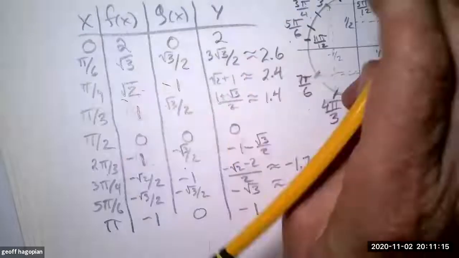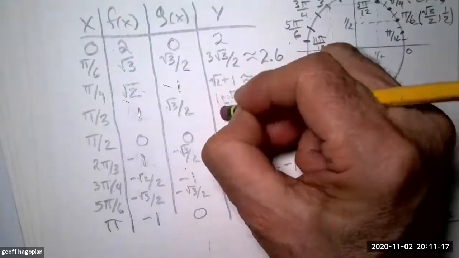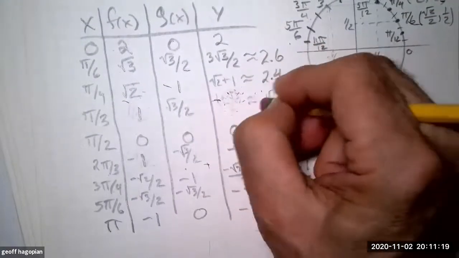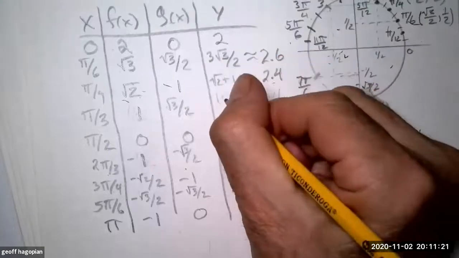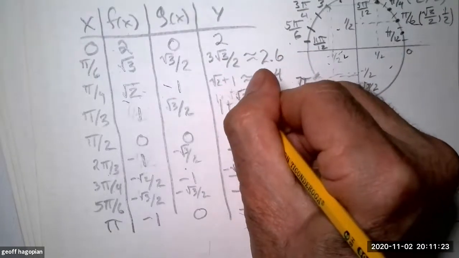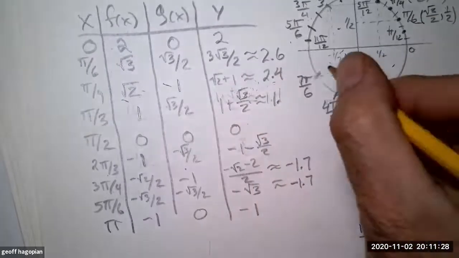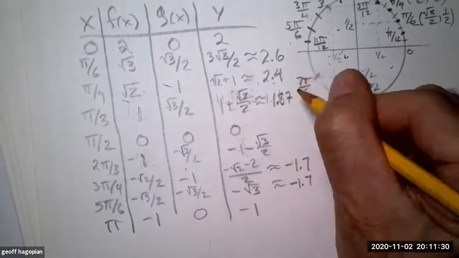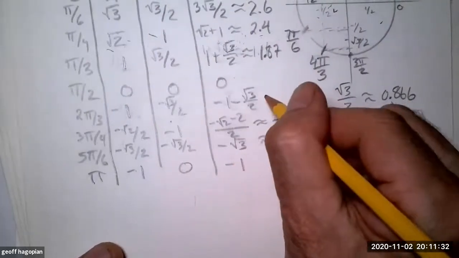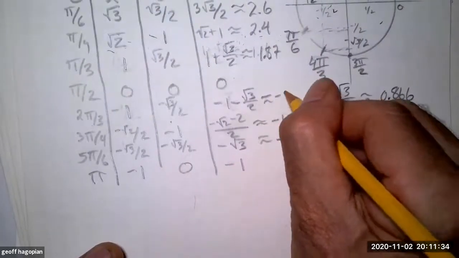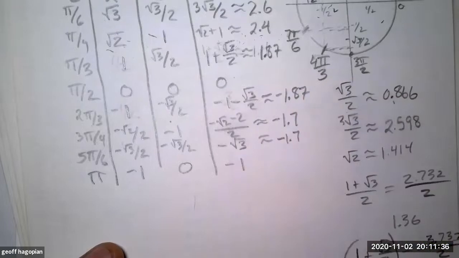All right, so this is 1 plus square root of 3 over 2, which is approximately 1.87. And this is the negation of that, right? Which is approximately negative 1.87. And then we go up.